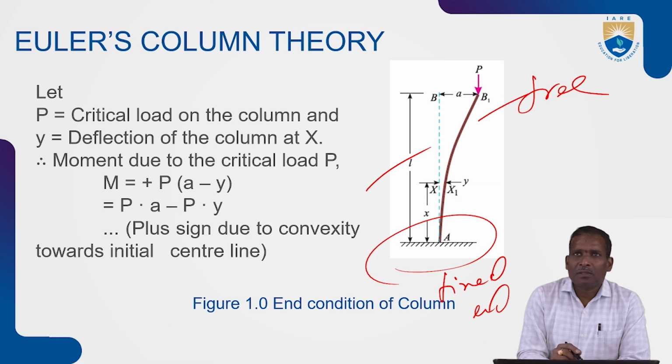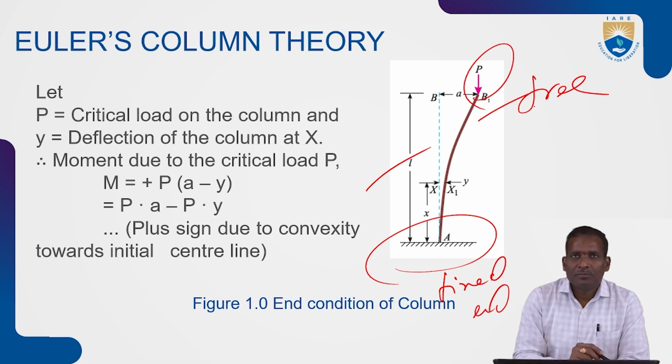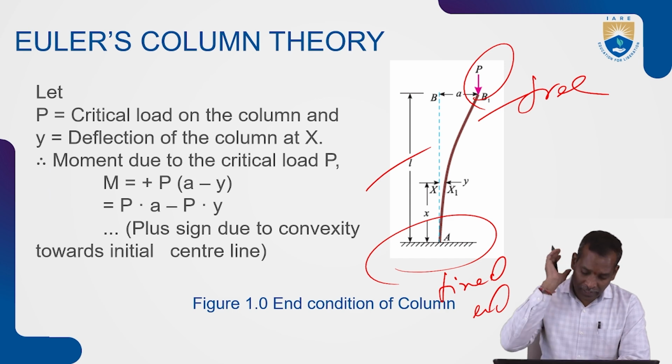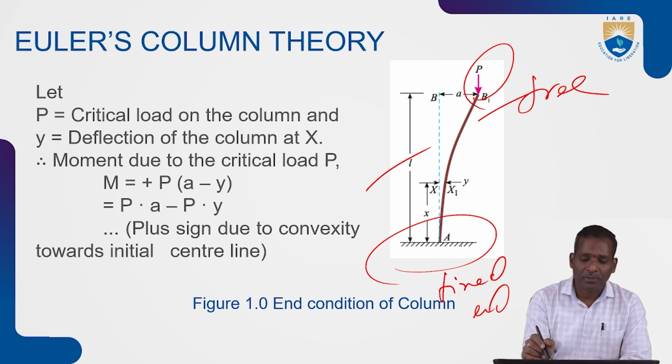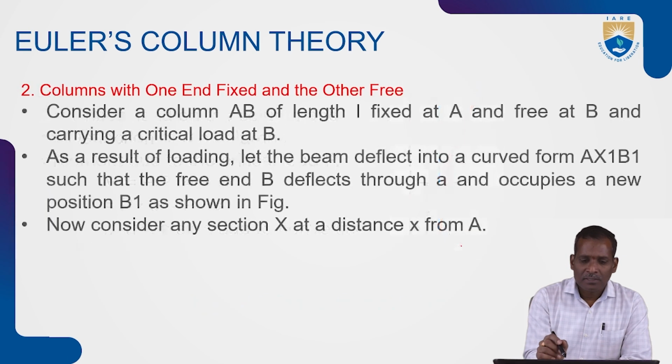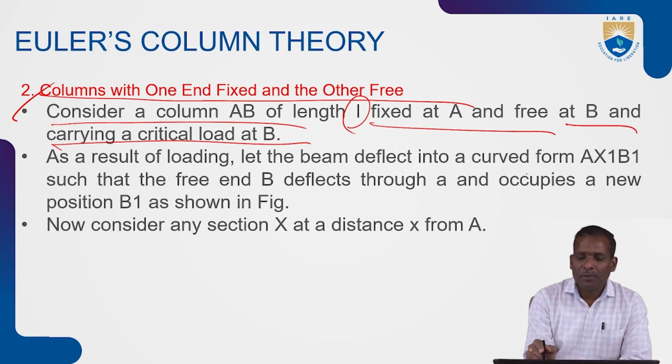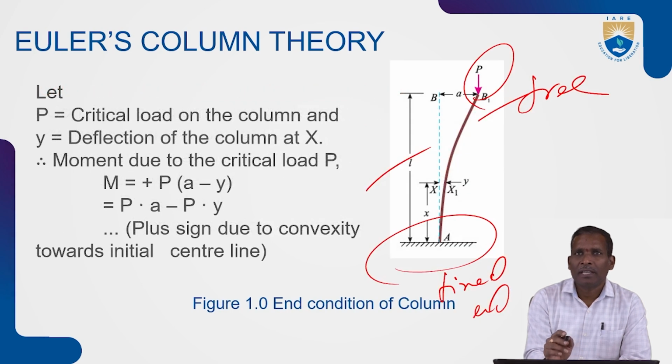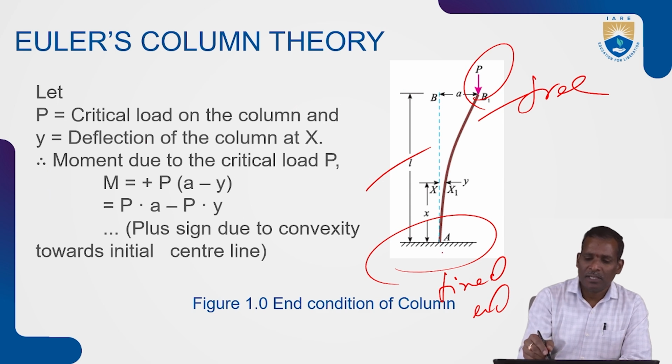Whenever this is subjected to axial load, it bends and deflects as shown in the figure. See, it deflects into the curved form AX1B1, so that the free end B deflects through a distance a and occupies a new position B1.